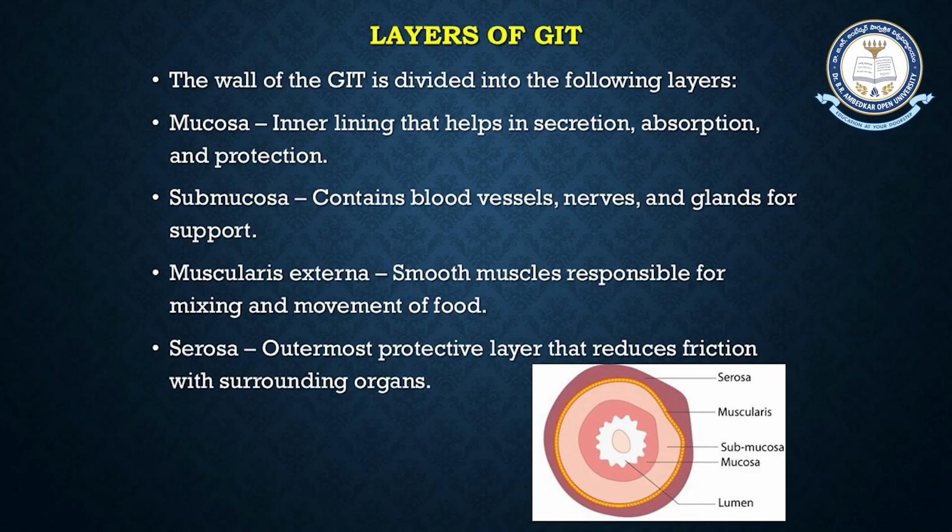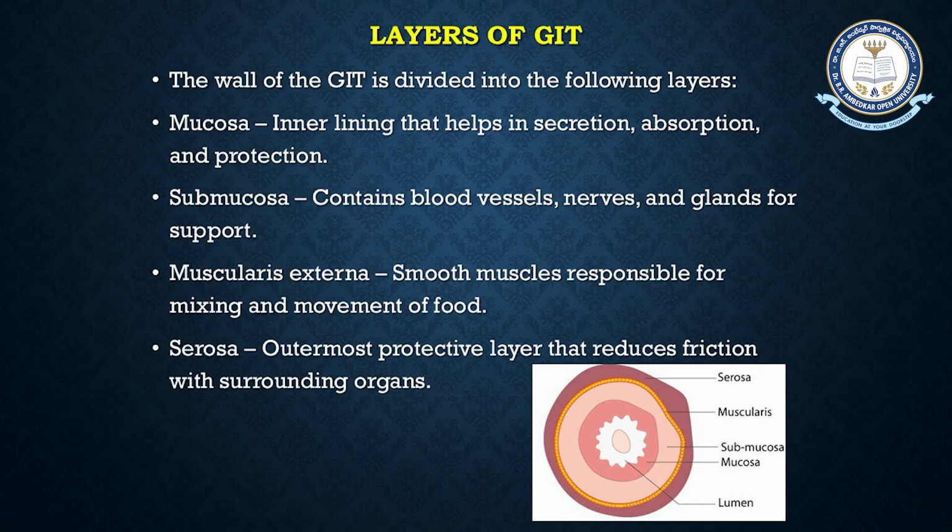Moving on to the layers of the gastrointestinal tract. The alimentary canal is made up of different layers. Consider it as a long pipeline. Each layer has a different function. Mucosa, which is the innermost lining, helps in secretion, absorption, and protection. Then the submucosa, which comes after the mucosa, contains the blood vessels, nerves, glands for the support.